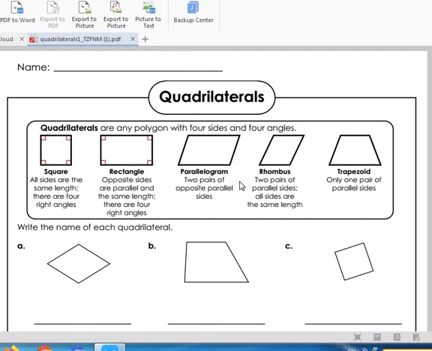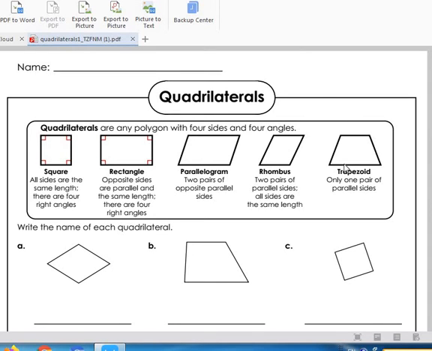This is a parallelogram. In a parallelogram, each 2 opposite sides are parallel. In the rhombus, all sides are the same length and there are 2 pairs of parallel sides. This side is parallel to this side and this side is parallel to this side.